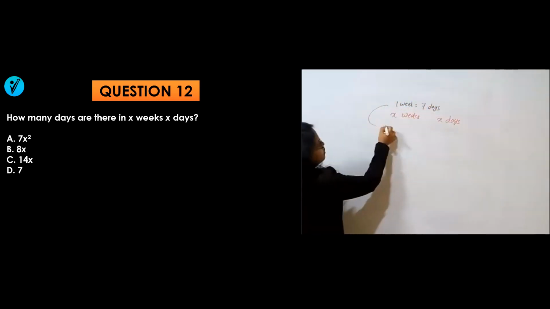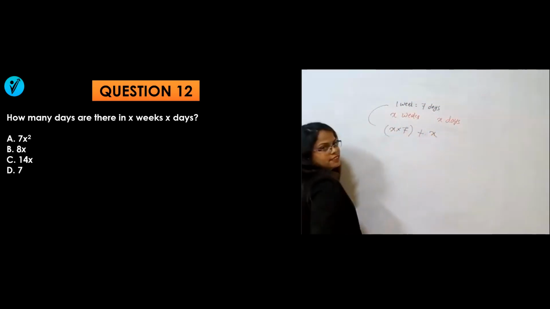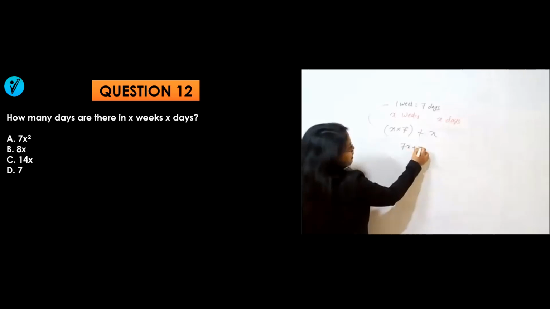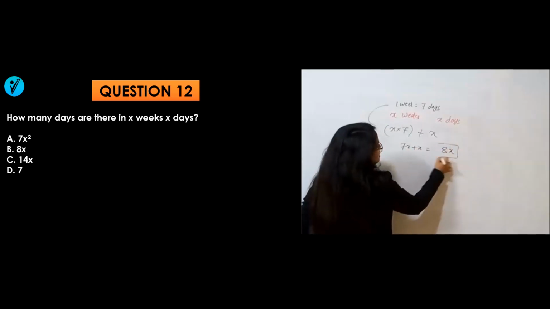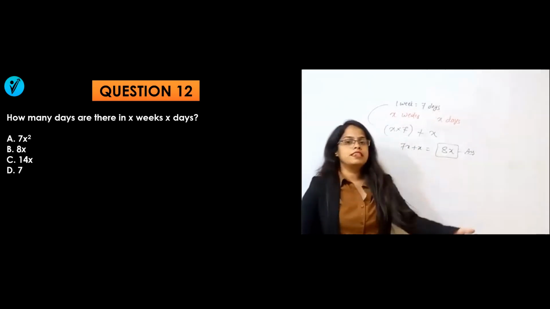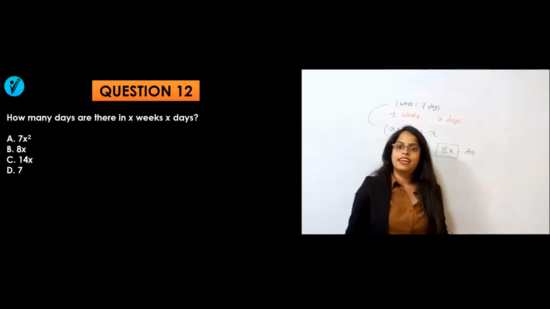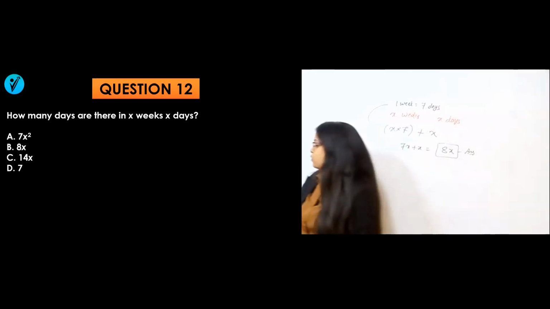So X weeks will be equal to what? X into 7 days plus X days. So it will be 7x plus x, which means total will be 8x days. That's it. Completely conceptual. 1 week has 7 days, so X weeks have 7x days plus x means 8x days. That's it. Easier. Now let's go for the next question.